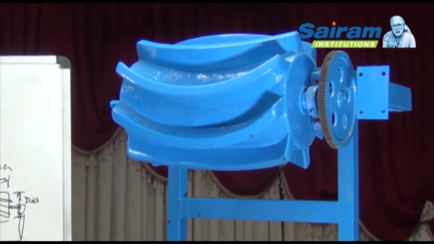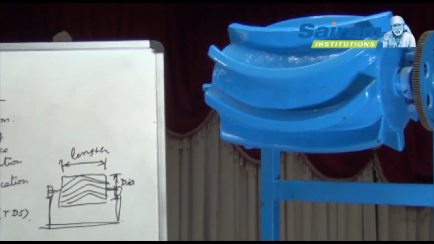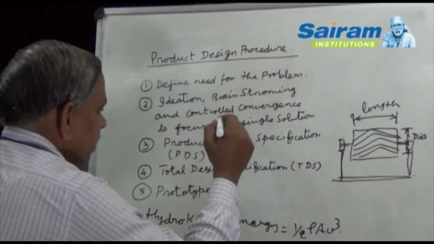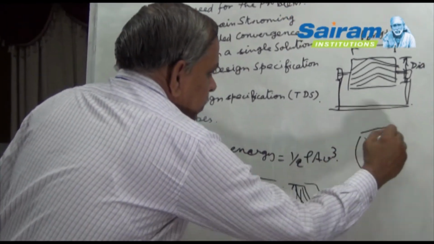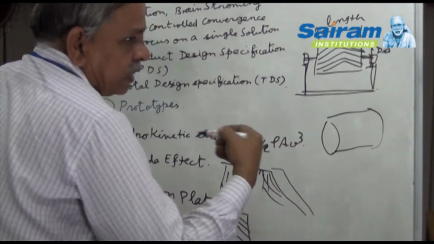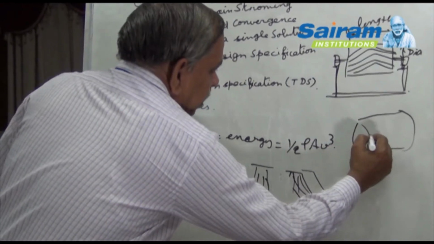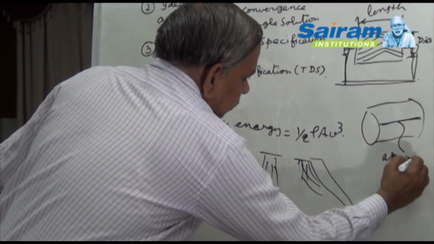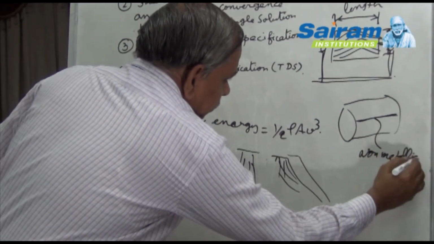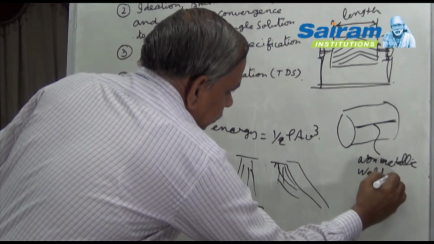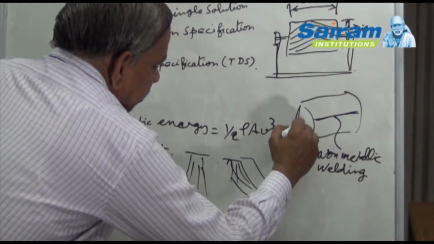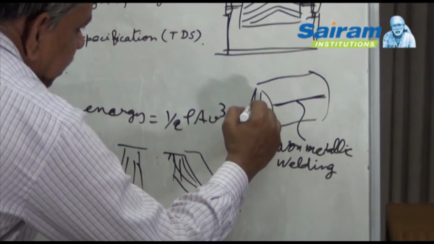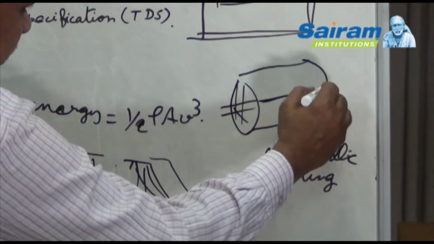What we do is, we take an FRP sheet and roll it into a drum, and then use non-metallic welding and close it with the end plates, and then have the shaft.